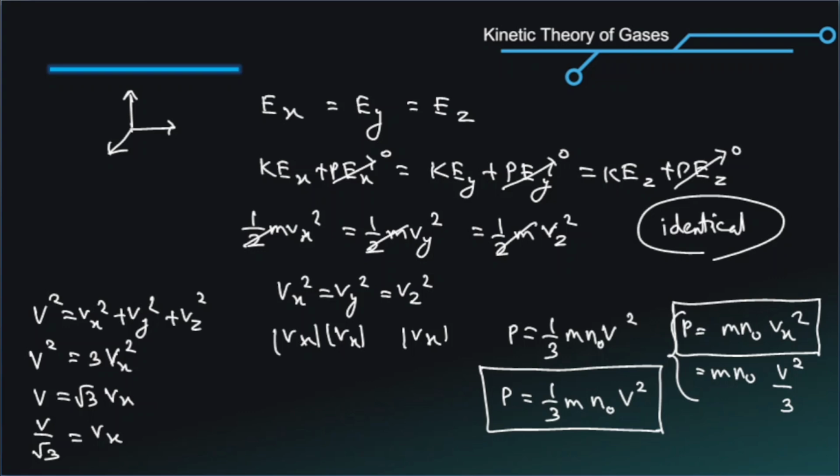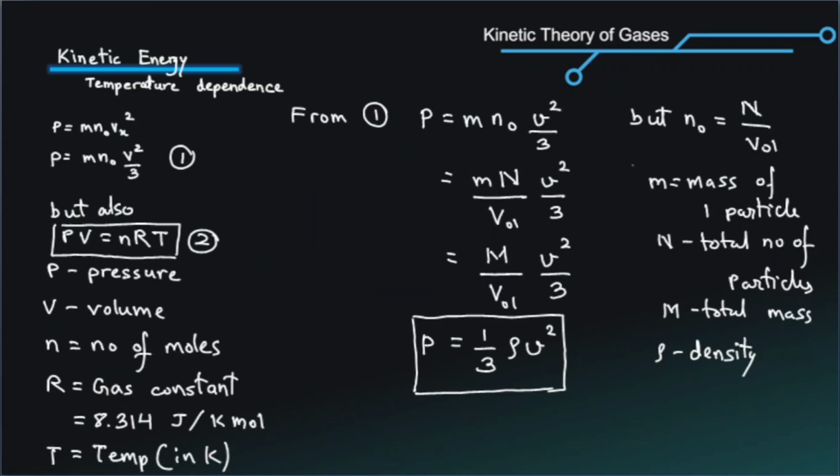The next part is kinetic energy and its temperature dependence. Alright? So far we have calculated this. Okay? We have calculated the value of pressure inside the closed container to be m n naught v squared by 3.